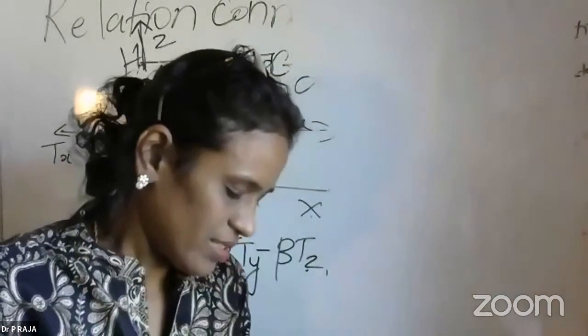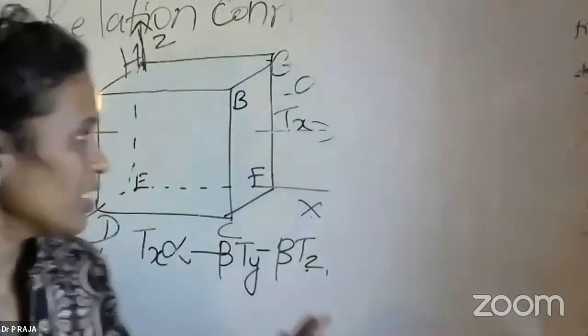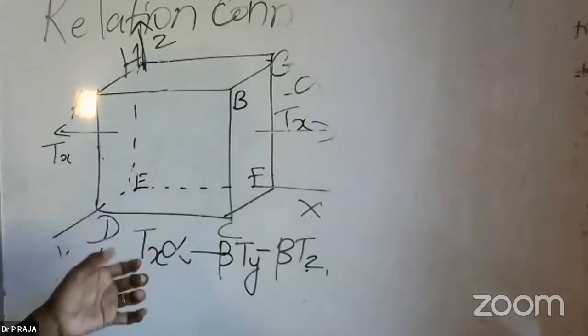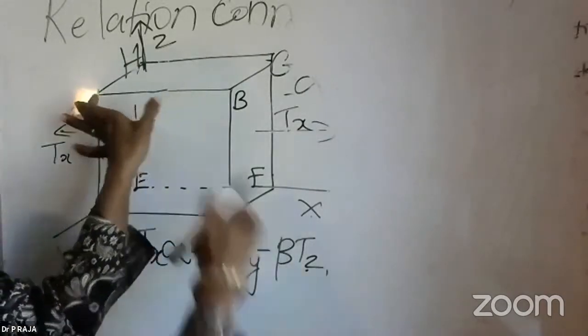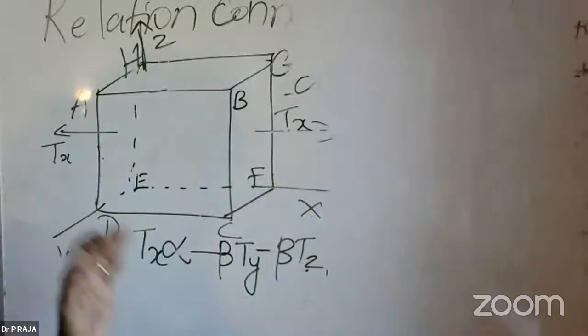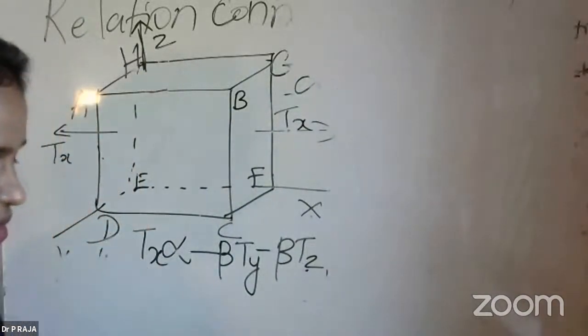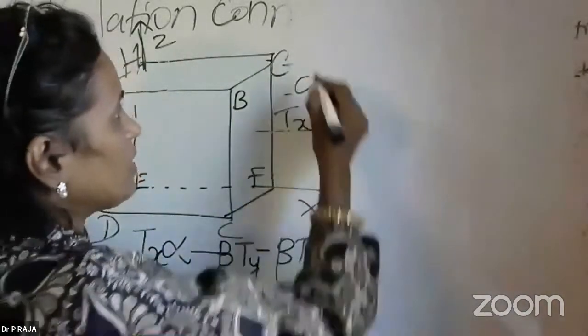The length of the edges, along the edge AB. Where is A and B? Along this AB edge, whatever is happening, let us write it.